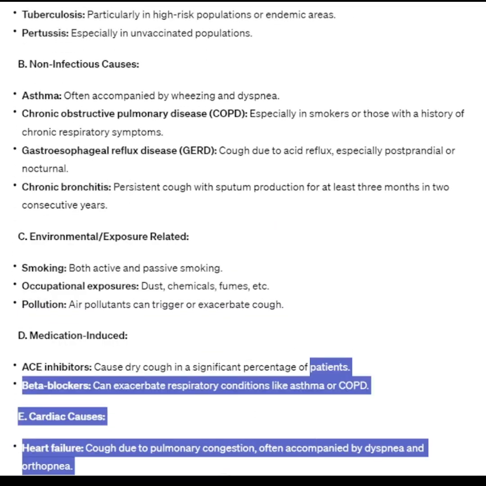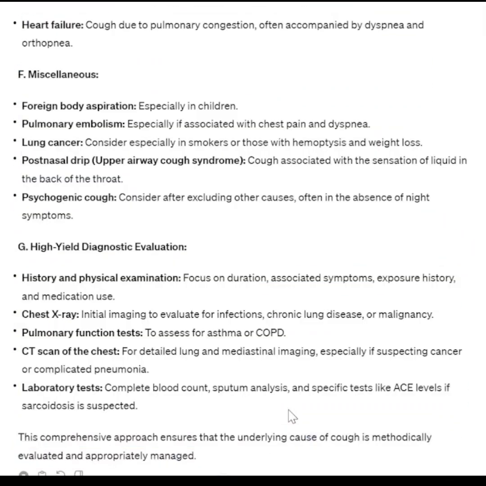G. High-yield diagnostic evaluation. History and physical examination: focus on duration, associated symptoms, exposure history, and medication use. Chest X-ray: initial imaging to evaluate for infections, chronic lung disease, or malignancy. Pulmonary function tests to assess for asthma or COPD.